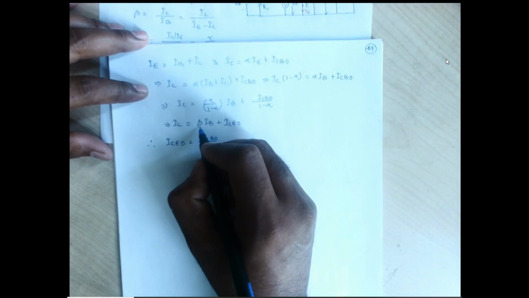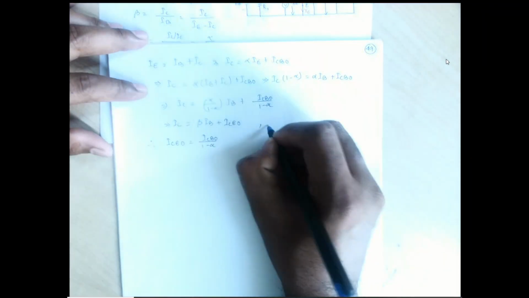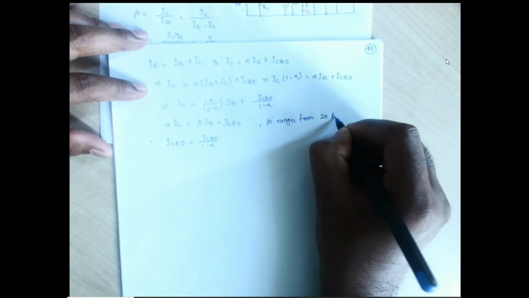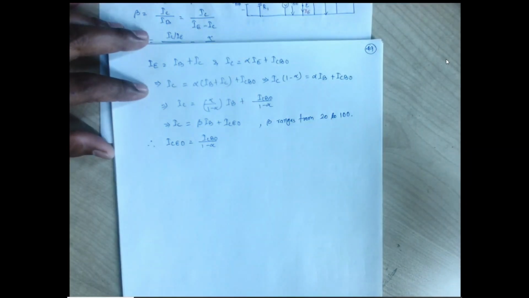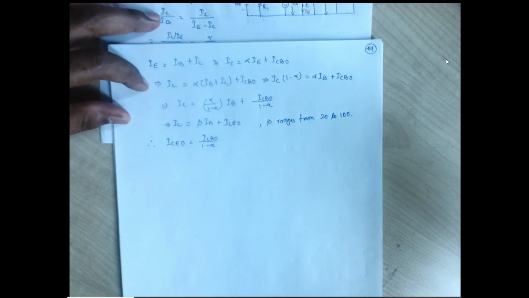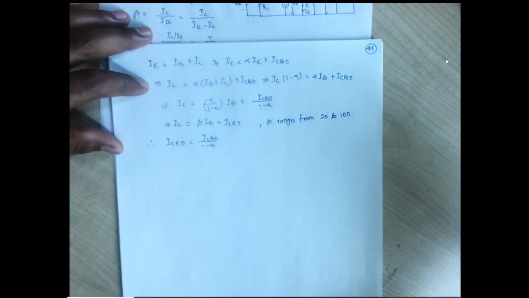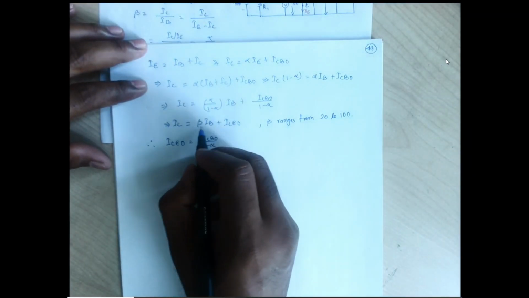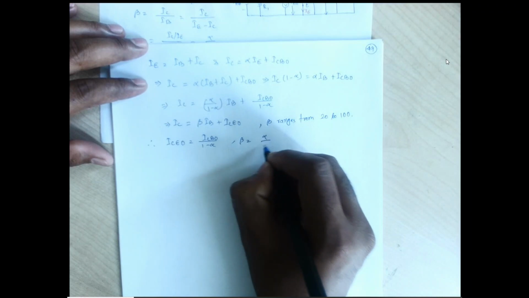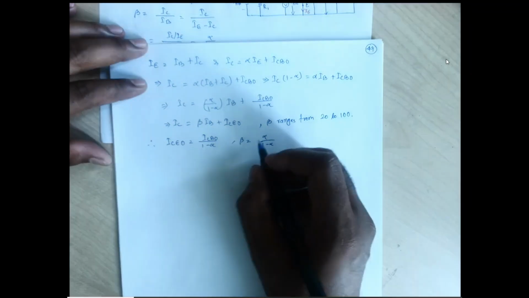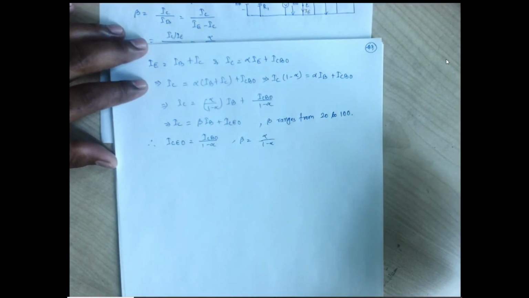It ranges from about 20 to 200. IC is due to the IE only, some fraction of IE. But IB is the recombination current. So we can say beta is alpha by 1 minus alpha, and ICEO is ICBO by 1 minus alpha.